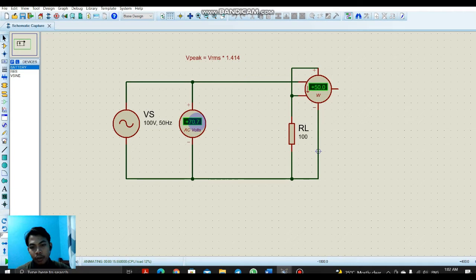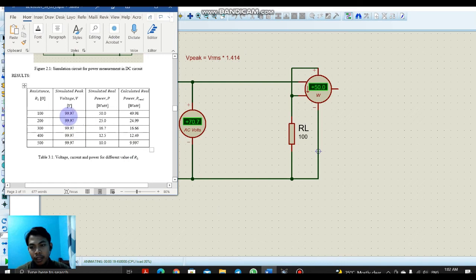So 70.7 times 1.414 gives 99.97, which is almost the same as the voltage value at the AC source. So it is equivalent to the AC source voltage value.